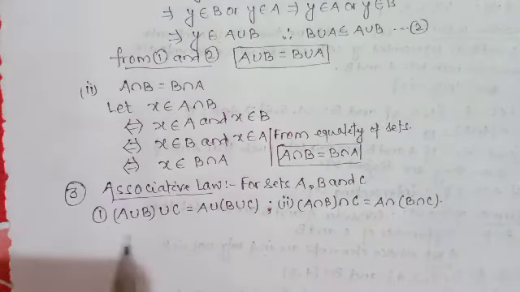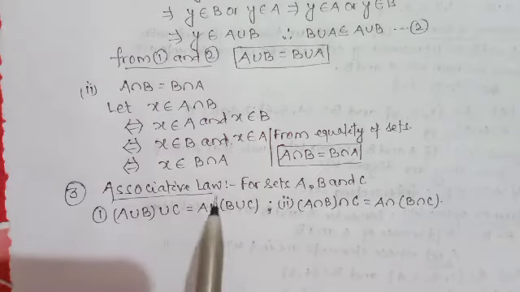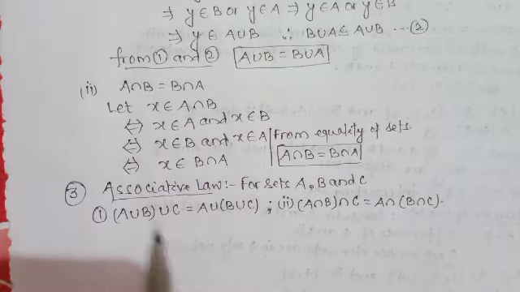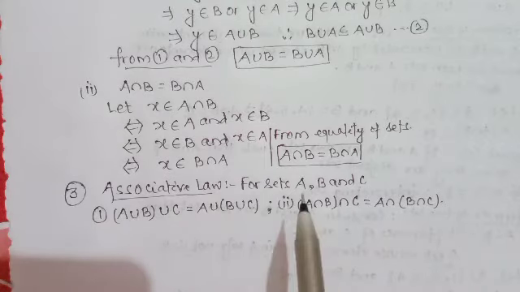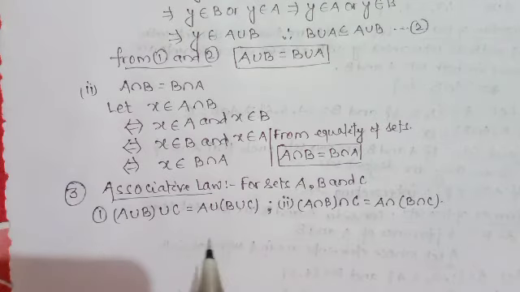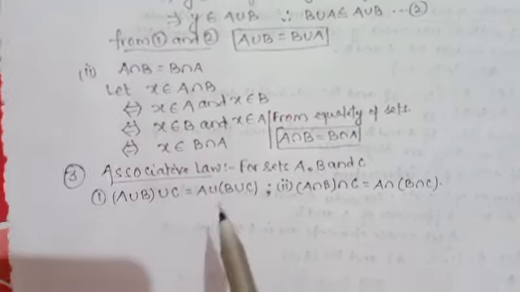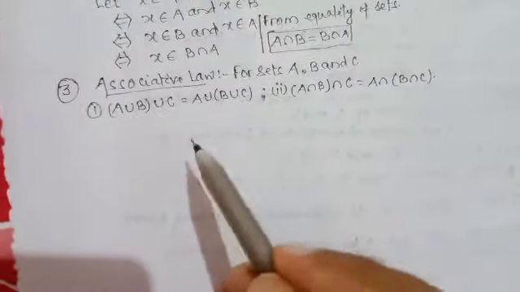There are again two parts of the associative law. If a question is asked in examination, state and prove the associative law, then you must write both laws and then prove. Now see the proof.